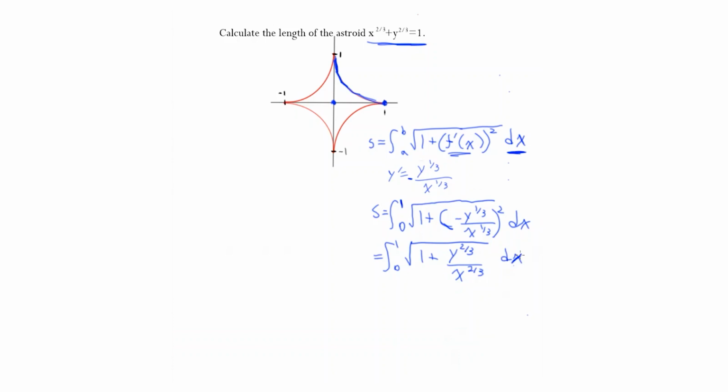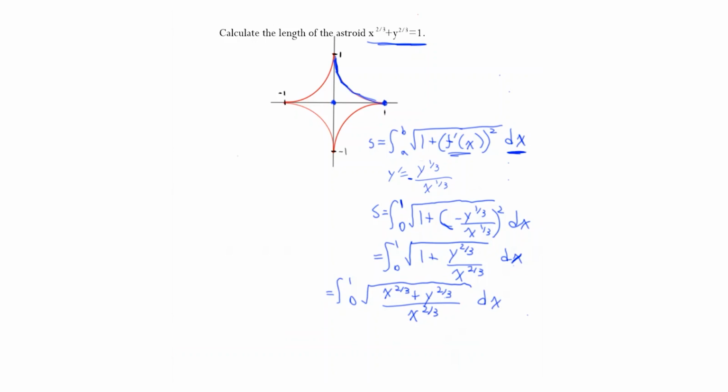And then from here, we just simplify this algebraically. So let's set the denominators equal to each other. x to the 2/3 plus y to the 2/3 all over x to the 2/3, because I made 1 into x to the 2/3 over x to the 2/3 and combined the denominators.